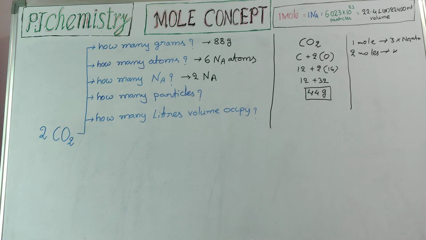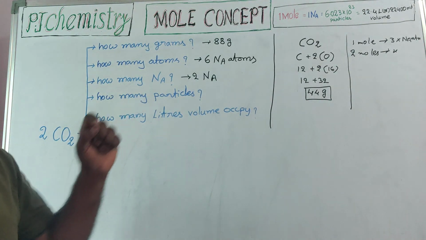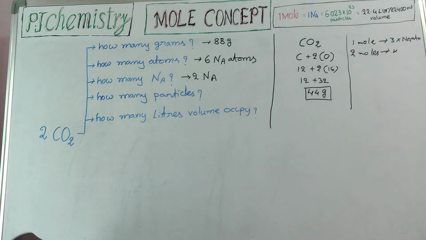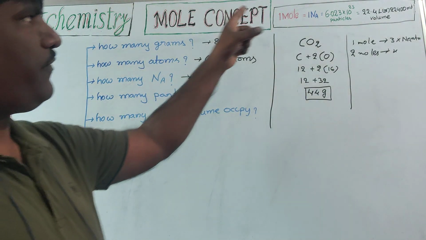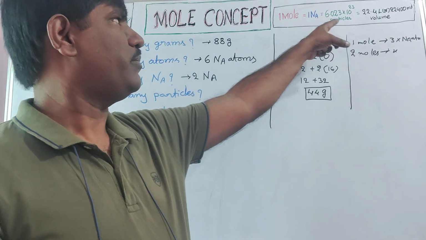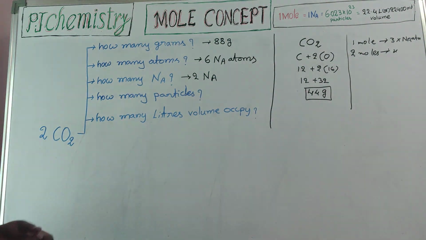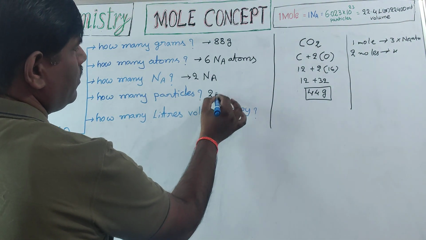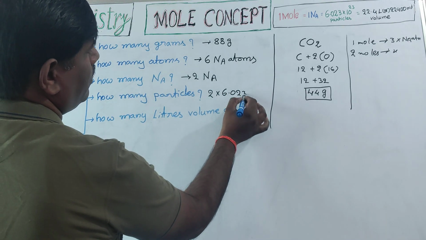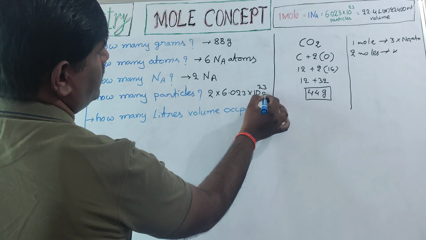Next, how many particles? 1 mole of any substance contains 6.023 into 10 to the power of 23 particles, so 2 moles is 2 into 6.023 into 10 to the power of 23 particles.